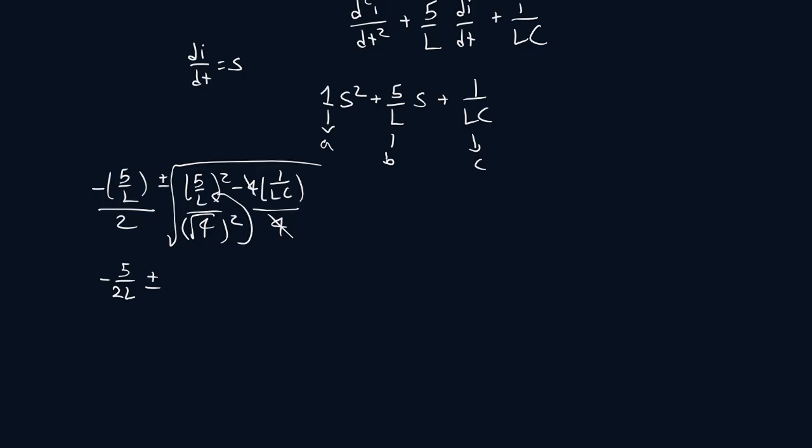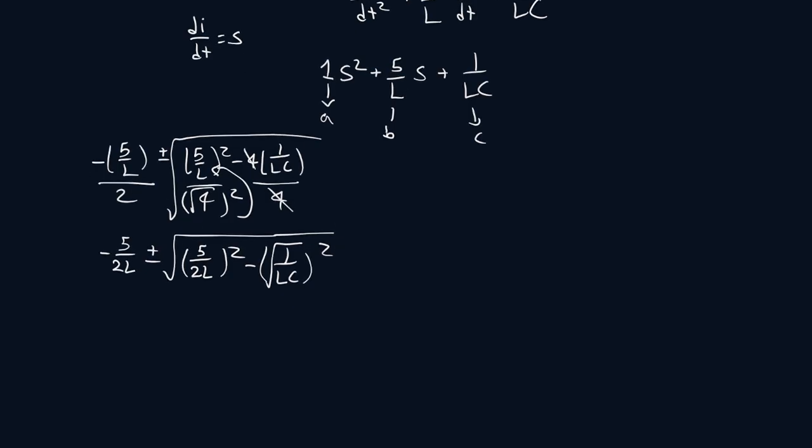Okay? So that will be (5 over 2L) squared minus 1 over LC. Now, if we square all of this and then take the square root of all of that and then square it, we have the following: 1 over the square root of LC. Now this is your alpha.